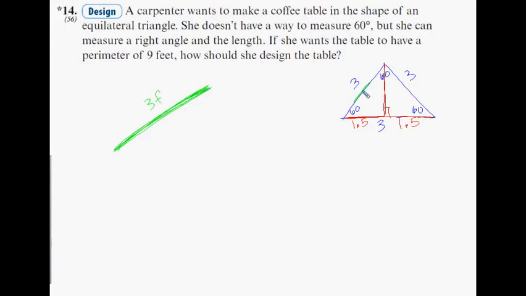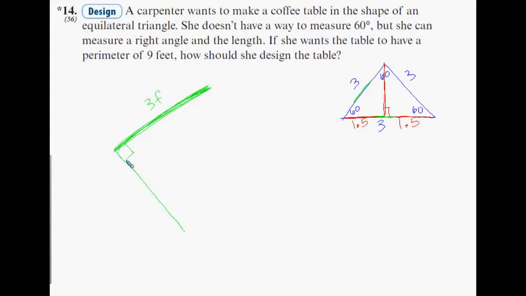So we know she can make a right angle. All right. So if she can make a right angle, maybe we should correlate it to this piece right here. But that's going to be a little hard to do as well. So let's just draw a right angle from here. Okay. So we know she can draw a right angle there.